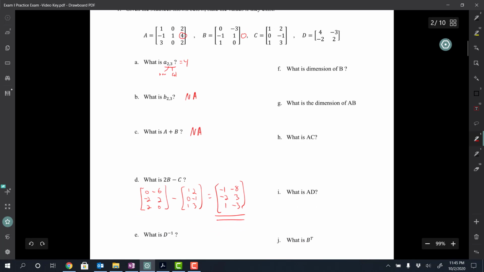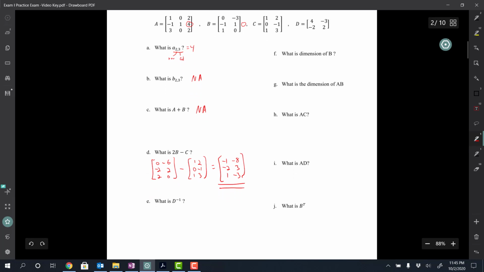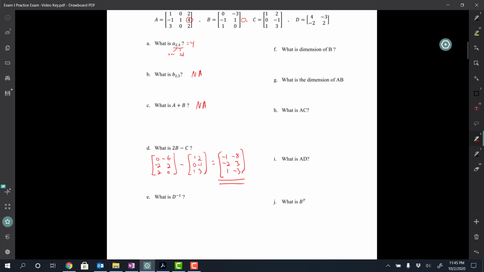Next we have the inverse of D. To calculate the inverse, if we had a general matrix that looked like A, B, C, D, our formula for the inverse is going to be 1 over AD minus BC times the matrix we get when we switch the values on the main diagonal and change the signs on the off diagonal.